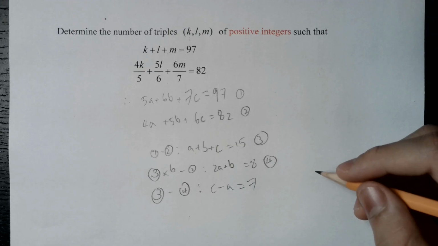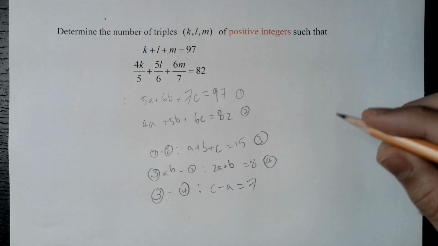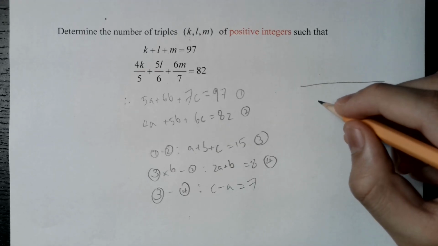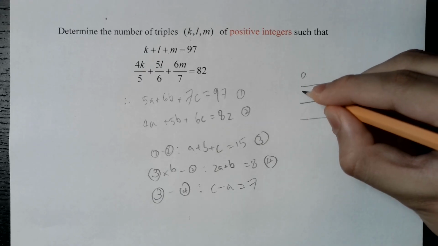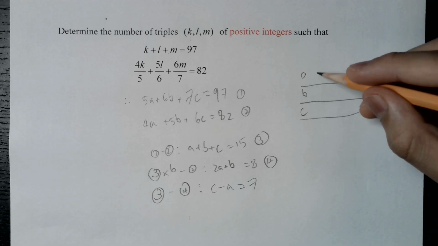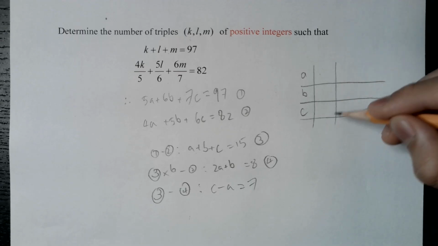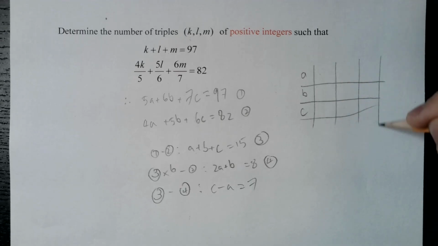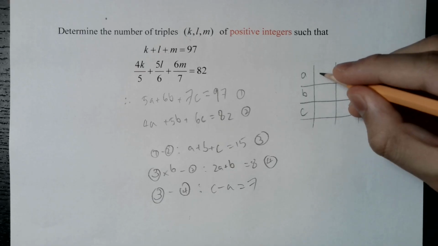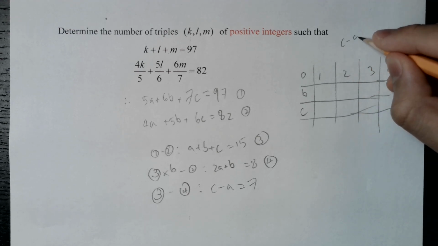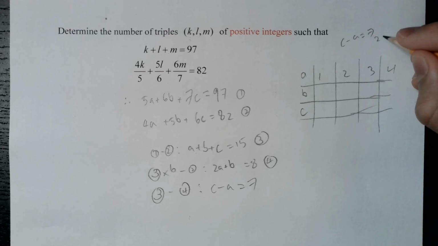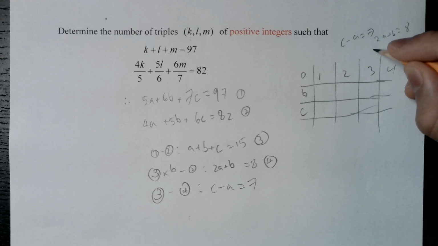And from here, I'm going to draw out a little bit of a chart. We're just going to label a as 1, 2, 3, and 4, keeping in mind that c minus a is equal to 7, 2a plus b is equal to 8, and a plus b plus c is equal to 15.